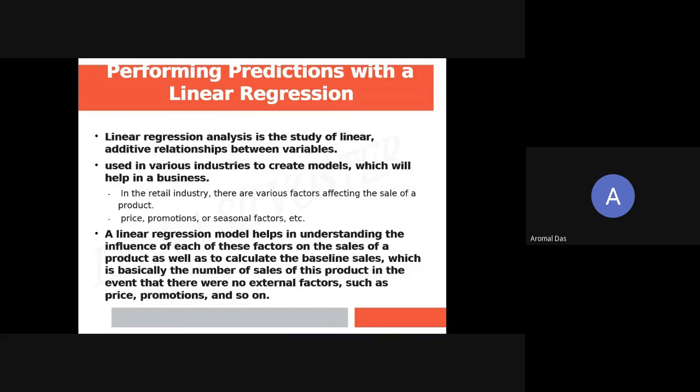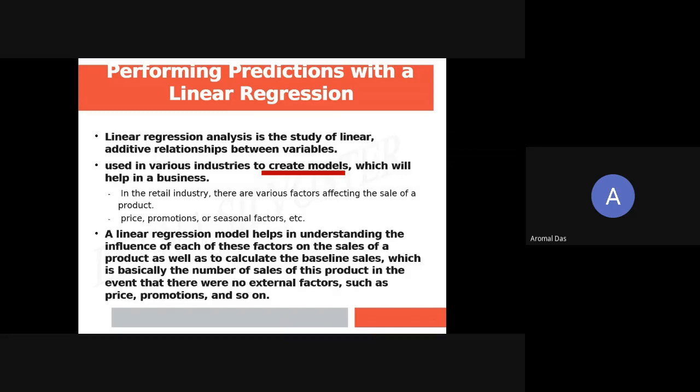Okay, now we are going to the second part of this module. We are performing prediction with linear regression. Linear regression is a study of linear additive relationship between variables. It is used to create models in industries, such as the factors affecting the sales of a product: price, promotion, or seasonal factors.